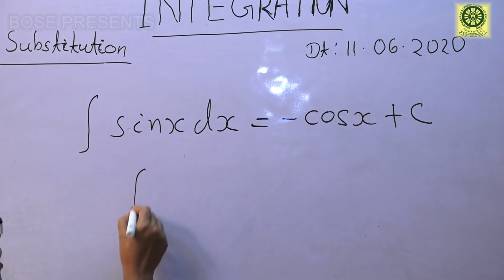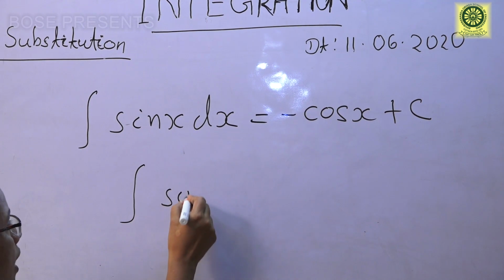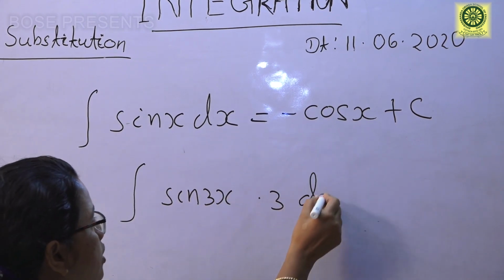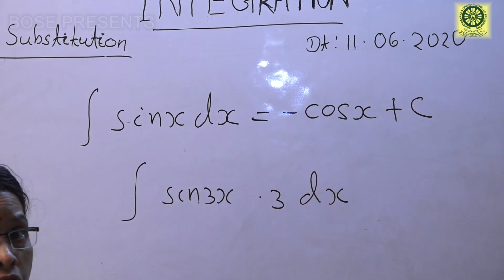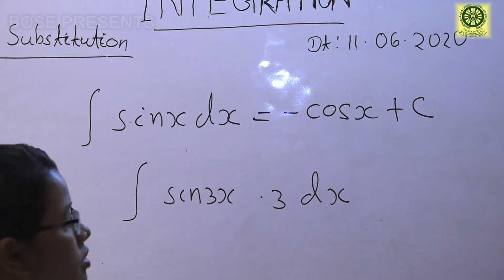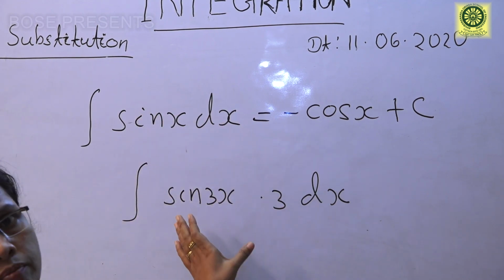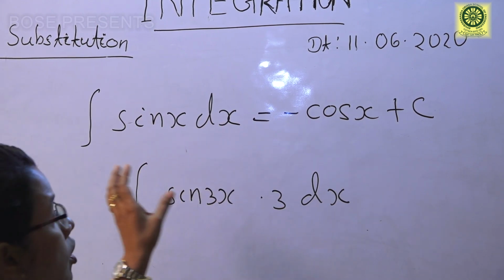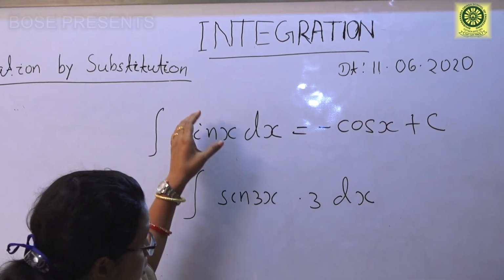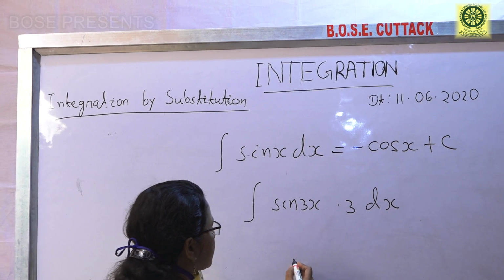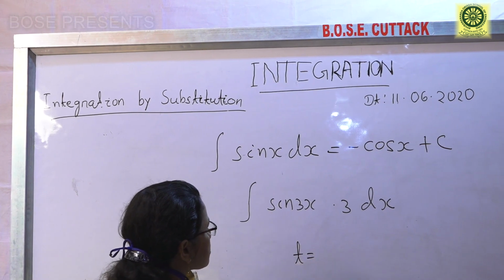But if you are given to integrate sin 3x into 3 with respect to x, then how will you find it? This is not in this direct form, so we can't use this formula directly for this problem. But you can transform it to the standard form by using substitution. So let us see how.